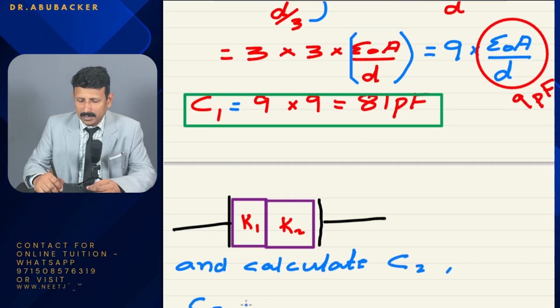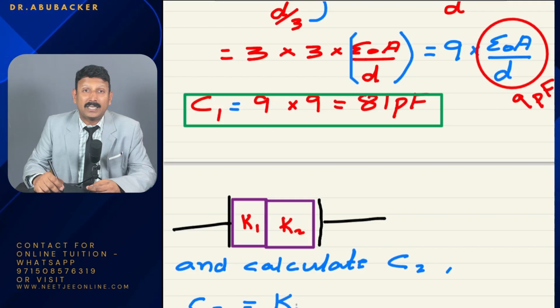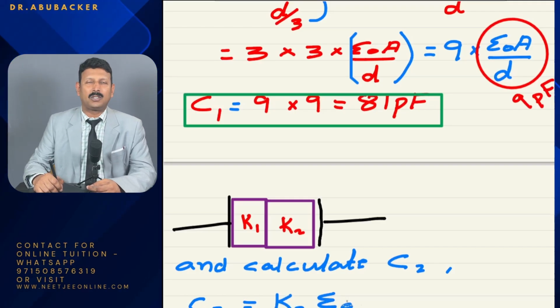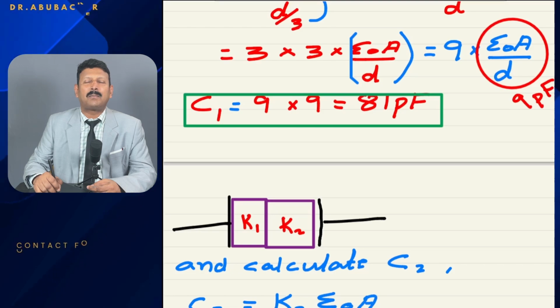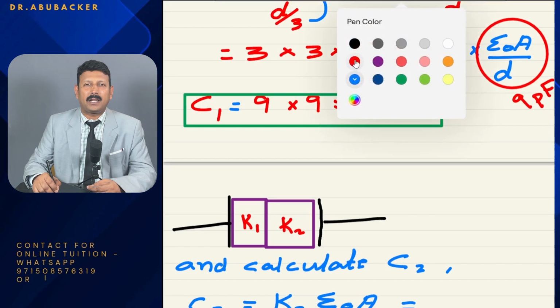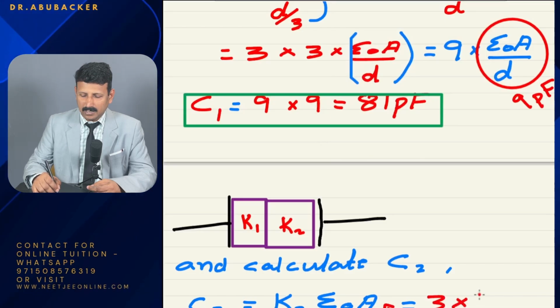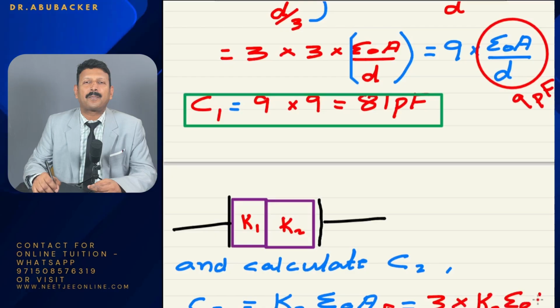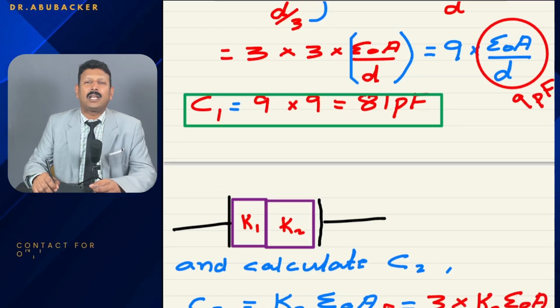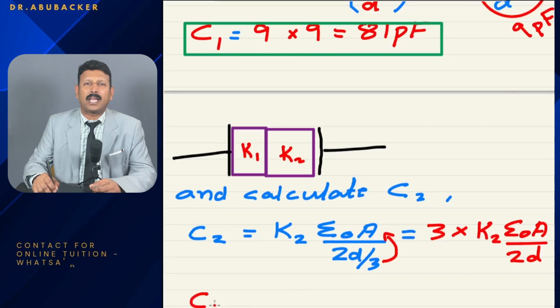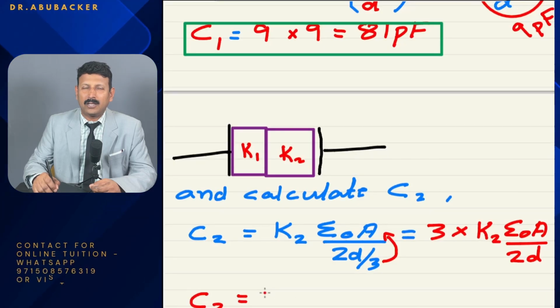The same method we followed for C1, we will follow here. So, C2 is equal to K2 epsilon 0 A by D. K2 value is given in the question. Here the D, in the question, was given as 2D by 3.